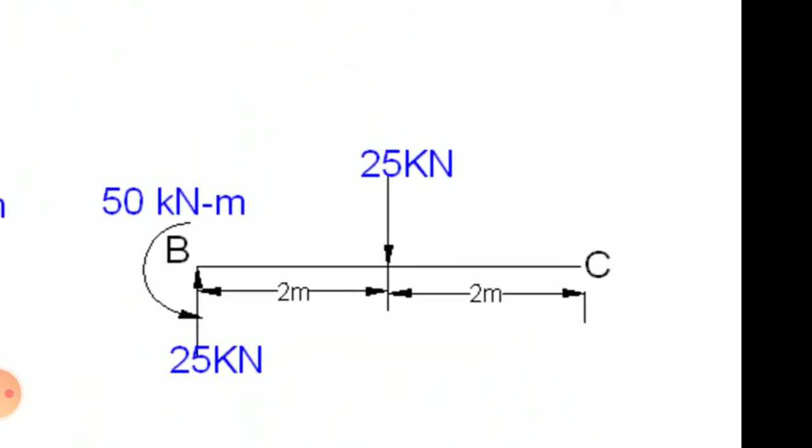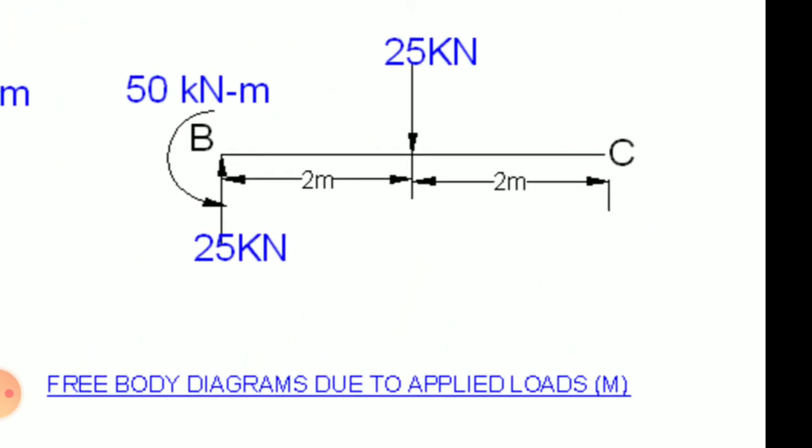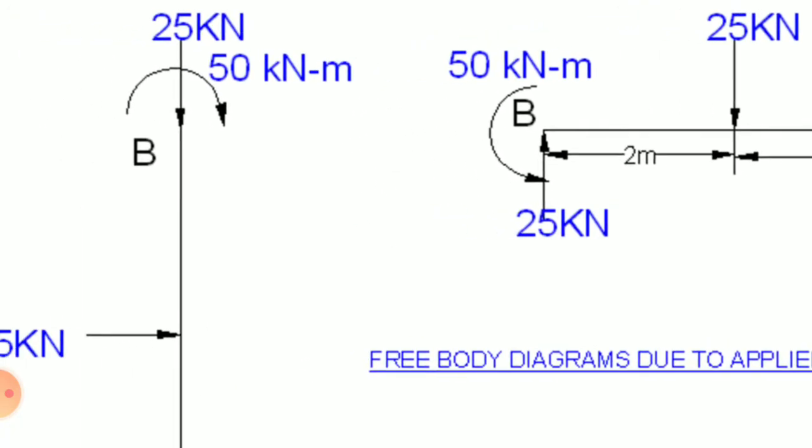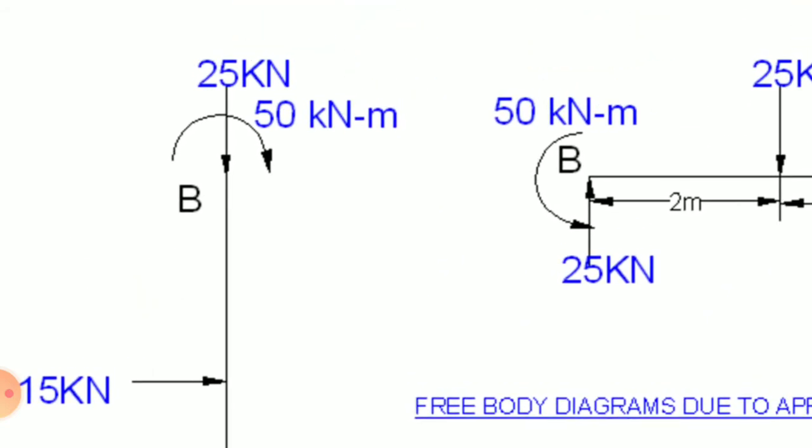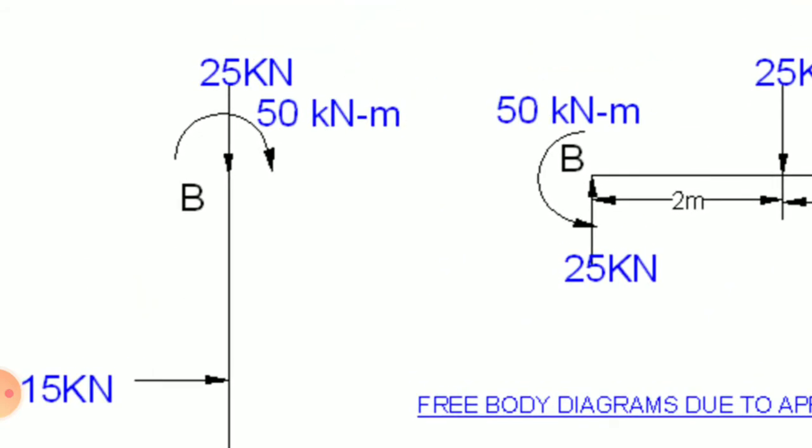For the beam, the free body diagram is like this. The downward load is 25 kilonewton, hence reaction at B is 25 kilonewton, and moment at B is 25 into 2, that is 50 kilonewton meter anti-clockwise. Similarly, if you take the column portion, the same moment will be acting but in the opposite direction.